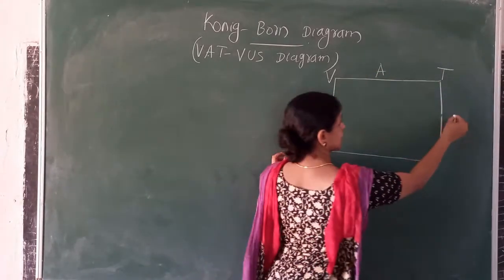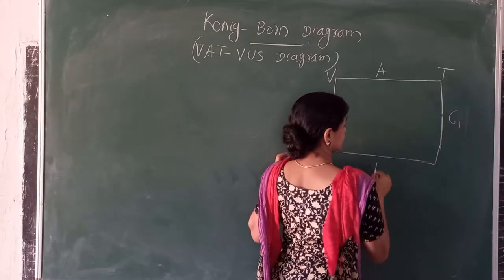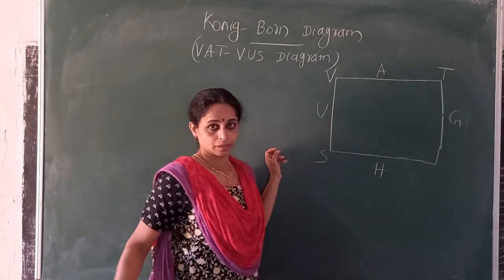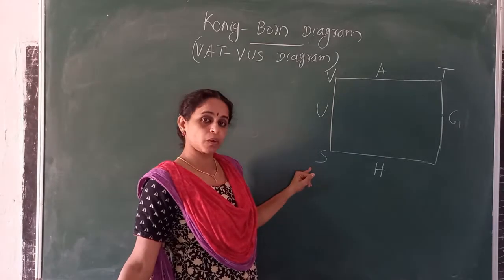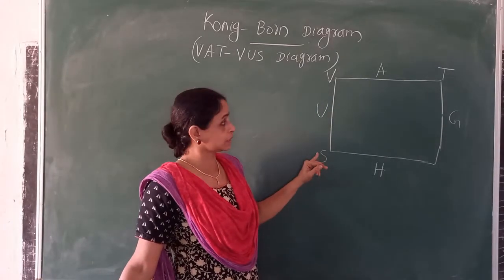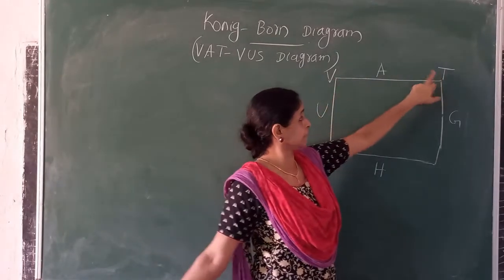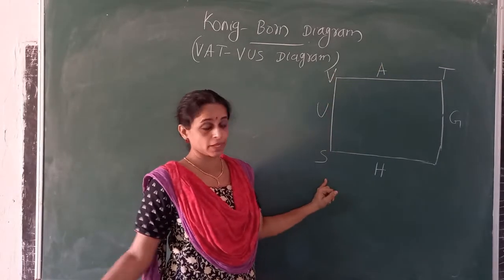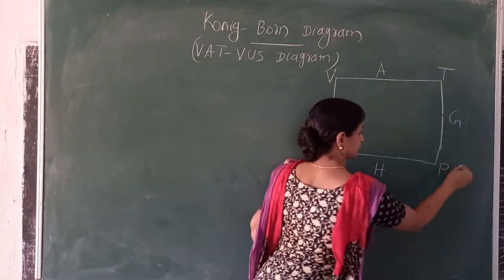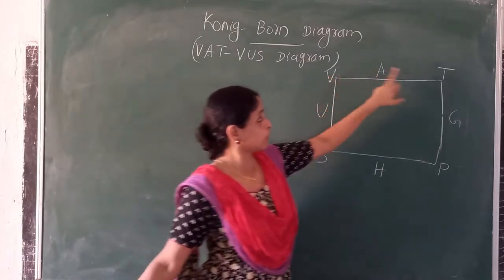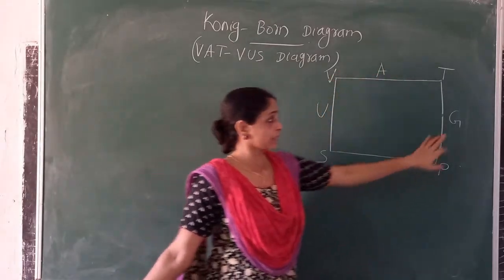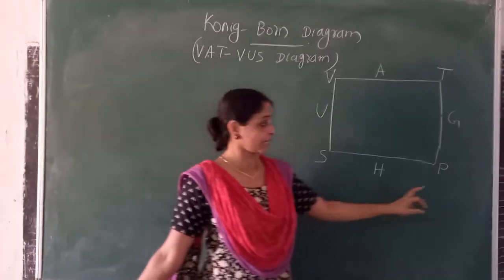So here we can write this is G and the remaining is H. The different thermodynamic coordinates are written on the corners, that is temperature, volume, entropy, and the remaining is pressure. So this is the VAT VUS diagram.